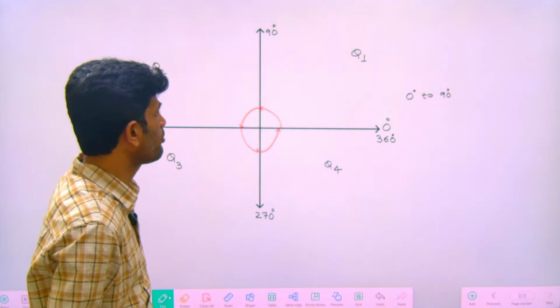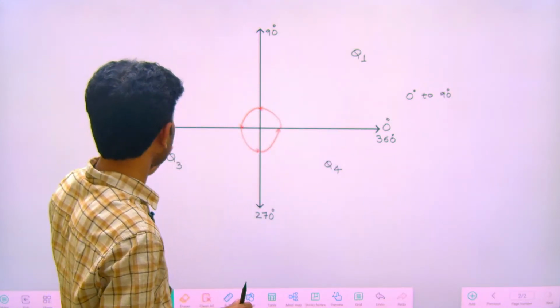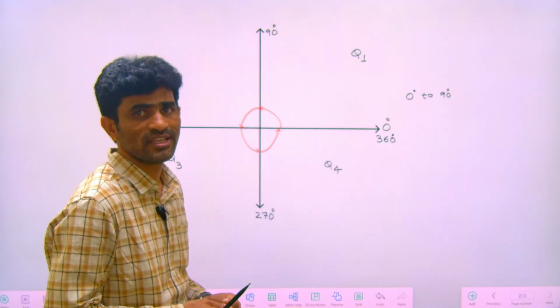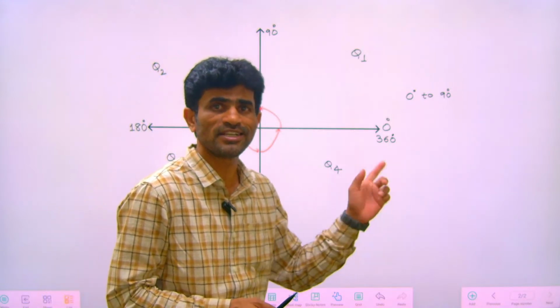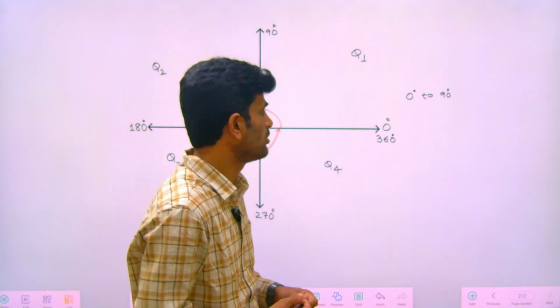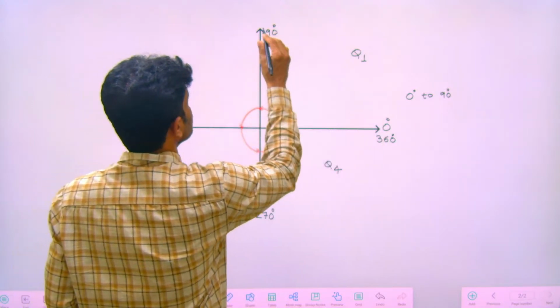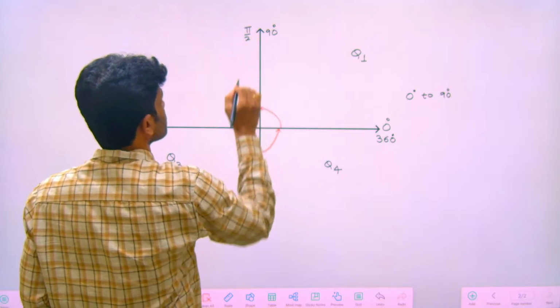This is one very important point. After that, the same 0 degrees, 90 degrees, 180 degrees, 270 degrees and 360 degrees, we can also express in radians. Just now I told you how angles are expressed in radians. 0 degrees is 0 itself, but 90 degrees can be written as pi by 2 in the radian system.